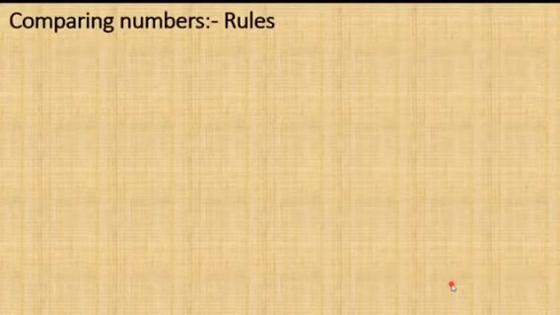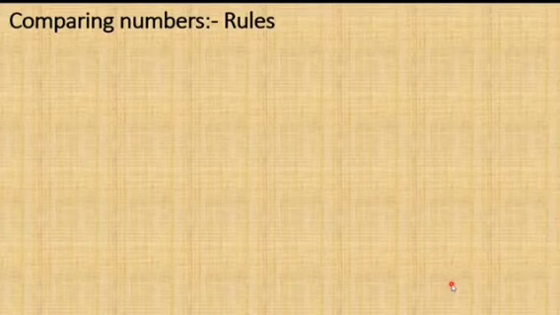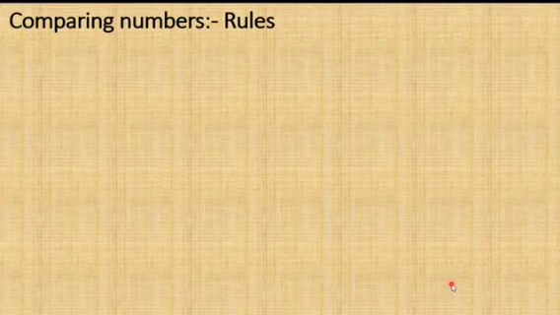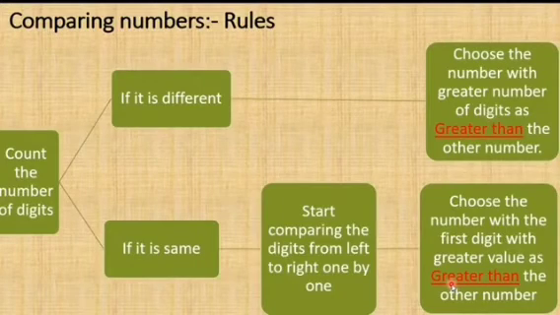Now comparing numbers. Do you remember how to compare small numbers? You might have studied it in the previous classes. To compare large numbers, we follow the same rules. Let us recall what the rules are. When you have 2-3 numbers to compare, we first count the number of digits.